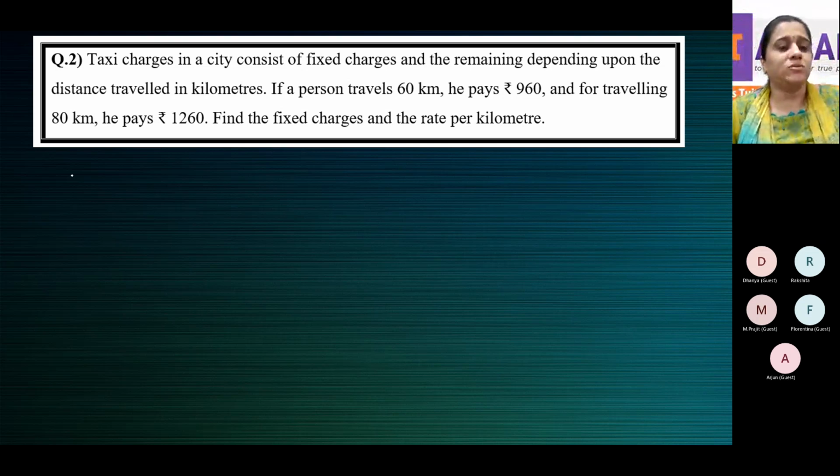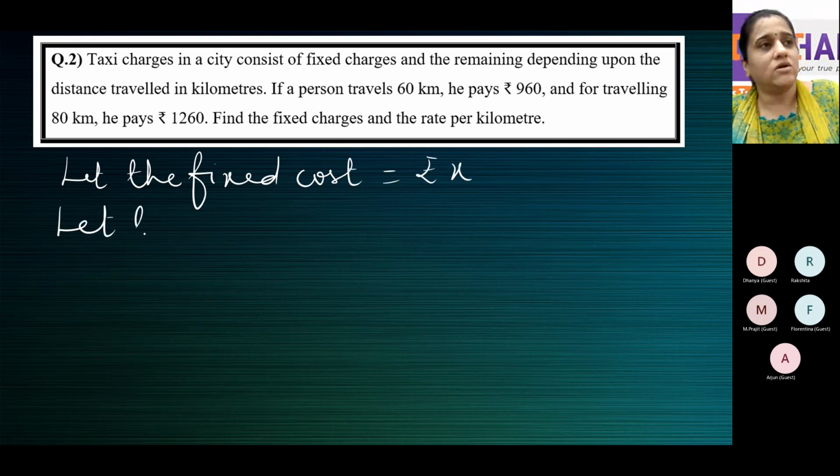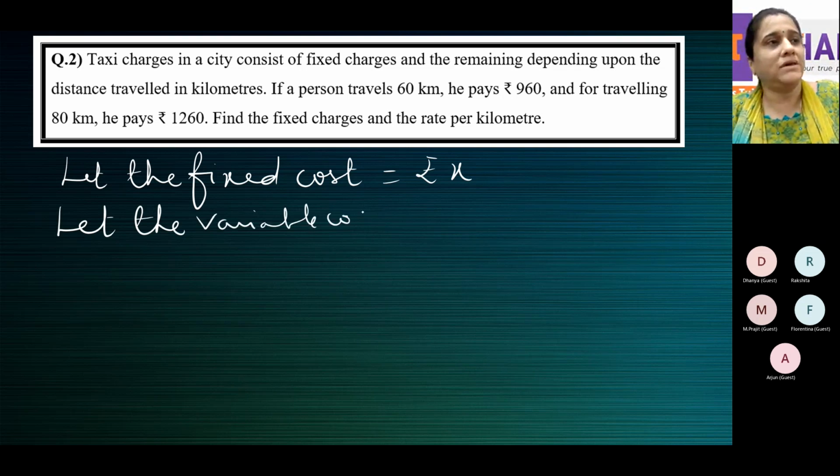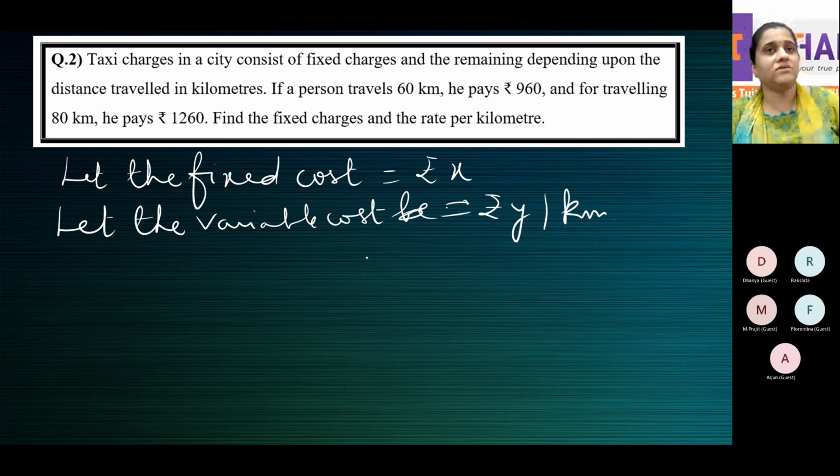All right. So you must say, don't write anything, let the fixed cost be rupees X, and let the variable cost be rupees Y per kilometer, correct?